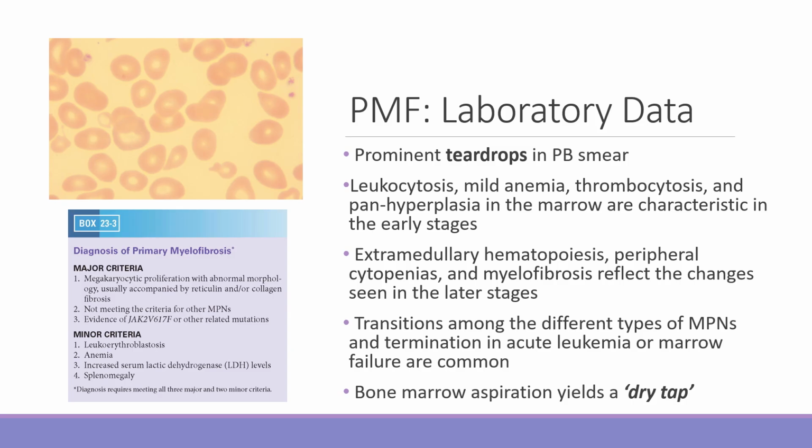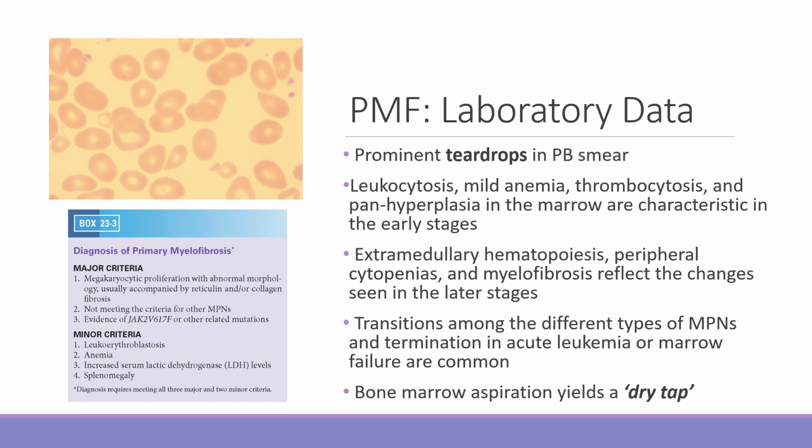Let's look at the diagnosis of primary myelofibrosis. So some of the major criteria, we're going to have that megakaryocytic proliferation with abnormal morphology. So this is why we have either a decrease or a dysfunctional number of platelets, because those megakaryocytes are the predecessor to the platelets.